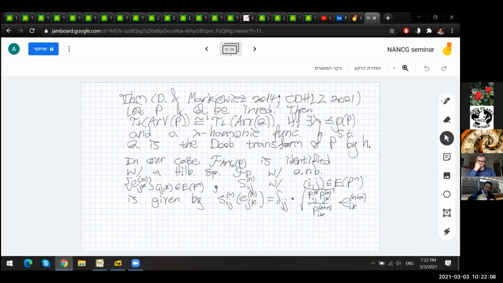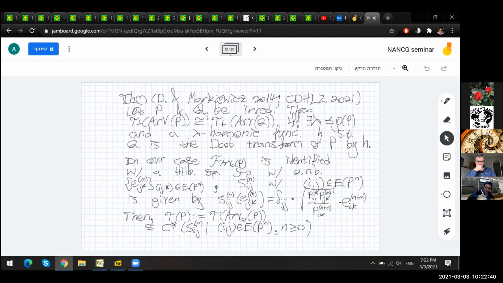Okay, and I didn't just define these operators for fun. The Toeplitz algebra of this subproduct system can be identified simply with the C-star algebra generated by these S_{ij,n}. So the generators now are far simpler, right? ij in E_{P^n}, and n is greater than or equal to 0.